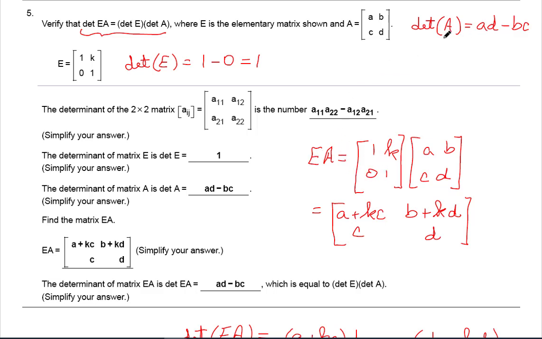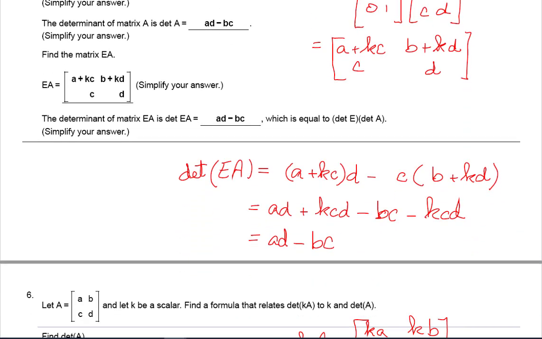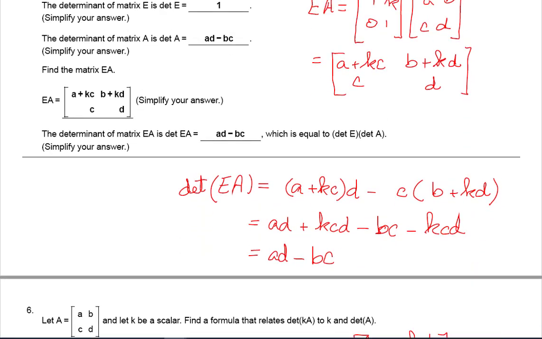I've got the determinant of both E and A. So what about the determinant of EA? Well, the determinant of EA is just going down the downward diagonal times the upward diagonal.